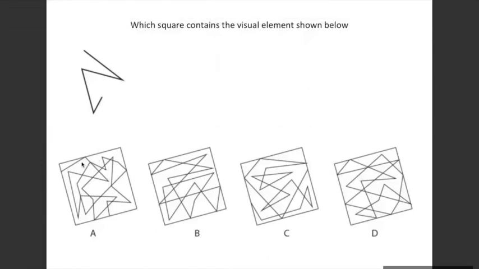All right, let's just draw what is where. In option A, what I'm able to find is some kind of graphic which looks like this. In option B, I'm able to find a graphic which looks like this.